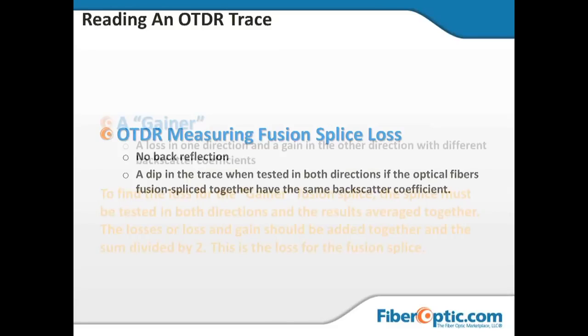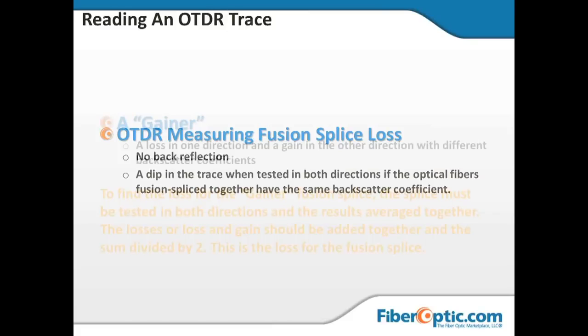Now, this also brings us to the gainer. The gainer is one of the anomalies that we can see. Actually, it's the more common of the two anomalies. And what happens is the backscatter coefficient on one piece of glass is greater than the other. The OTDR just suddenly sees more reflection.